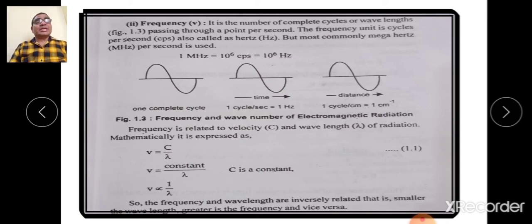Frequency is related to the velocity c and wavelength lambda by the relation nu equals c by lambda. As c is a constant, frequency is inversely proportional to lambda. As frequency increases, wavelength decreases, and vice versa.